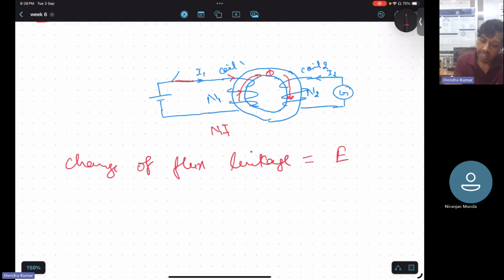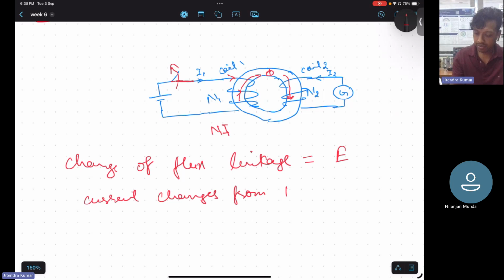So when we are disconnecting, it means we are intentionally creating a change in the circuit. Initially the current was I1, and now the current will be 0. So the current changes from I1 to 0.